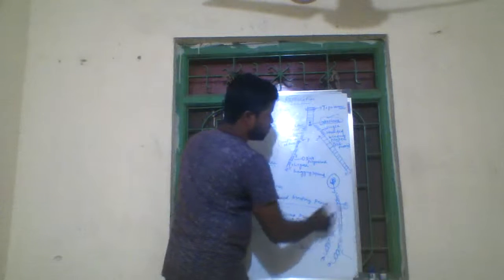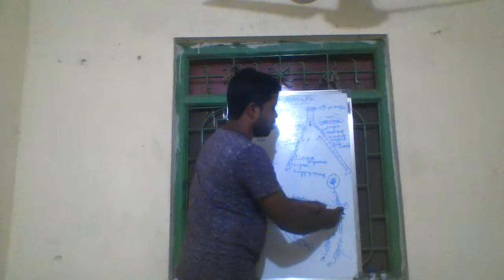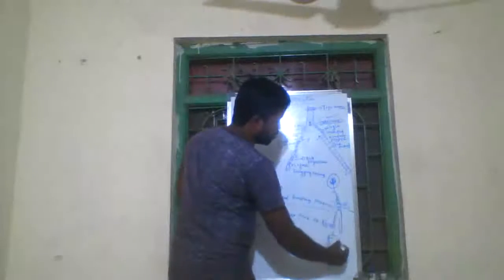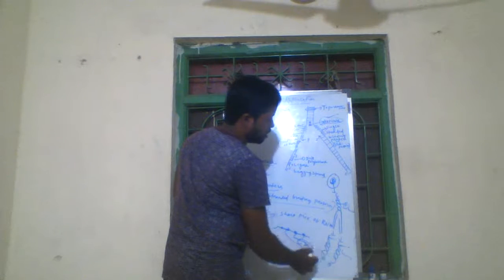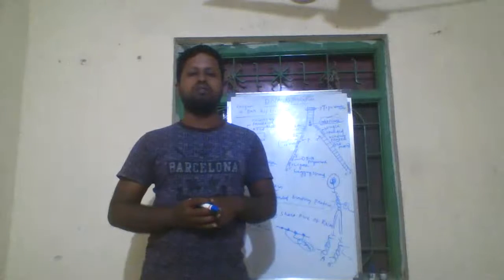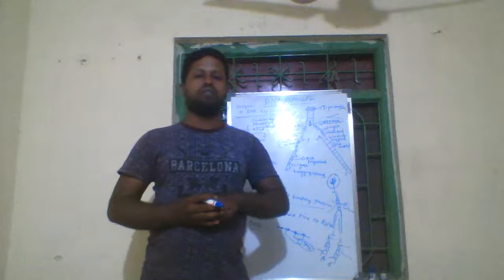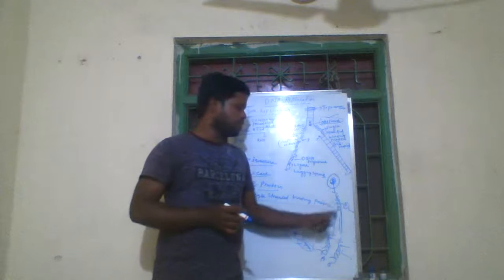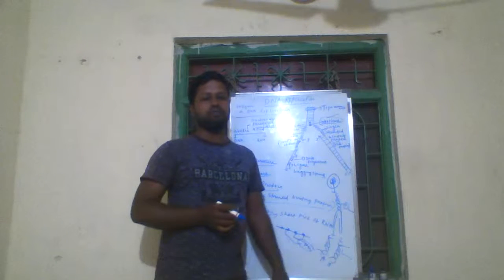Suppose this is A, this is B, and this is the parent DNA. The parent DNA is going to be unwound or opened up by the activity of different enzymes, and it produces two DNA: one is DNA A and another is DNA B. So DNA replication helps to produce two DNA from a single parent DNA.